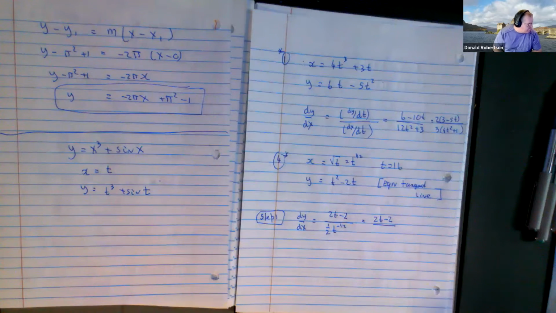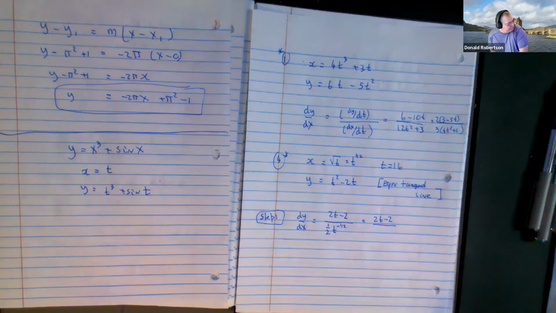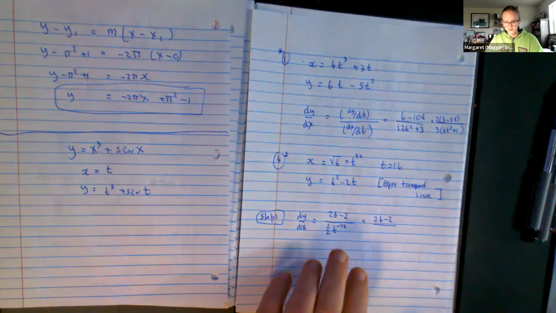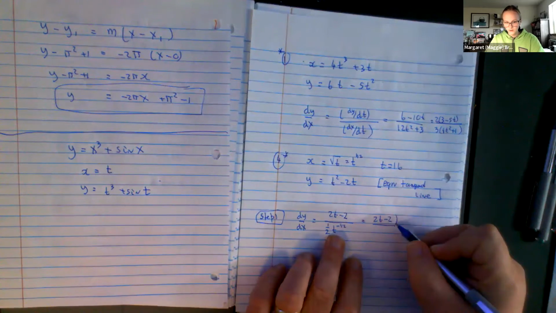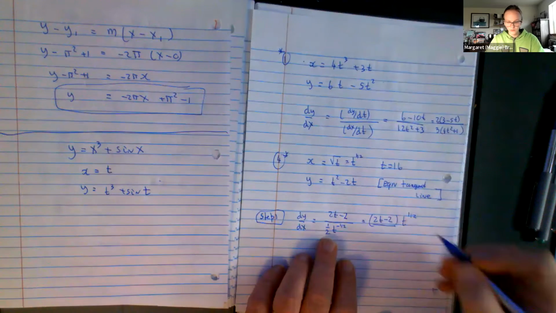Because right now it's nobody's friend. Couldn't you flip the half and also bring up the t to the negative half as a positive 2 and a t, and no, a square root t?